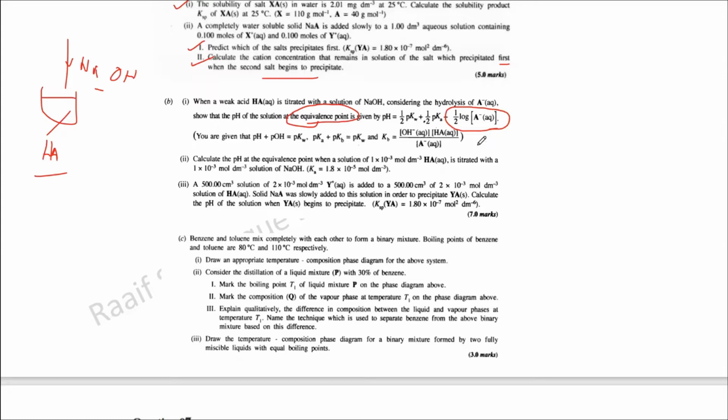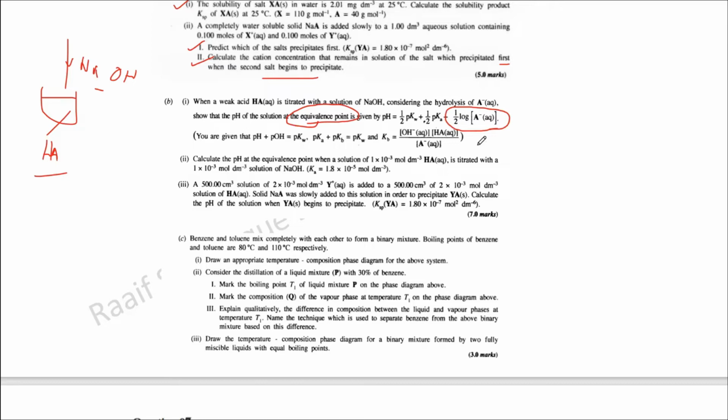Because pOH can be written as pKw minus pH, and half into pKb can be written as pKw minus pKa, minus half log A minus concentration. So this is straightforward, right?